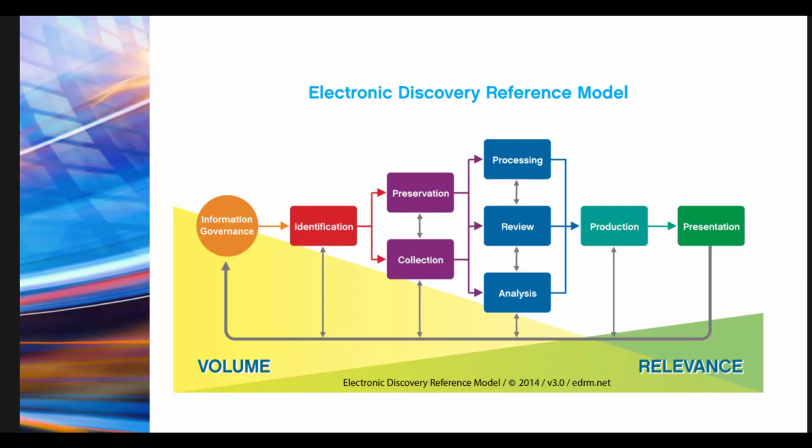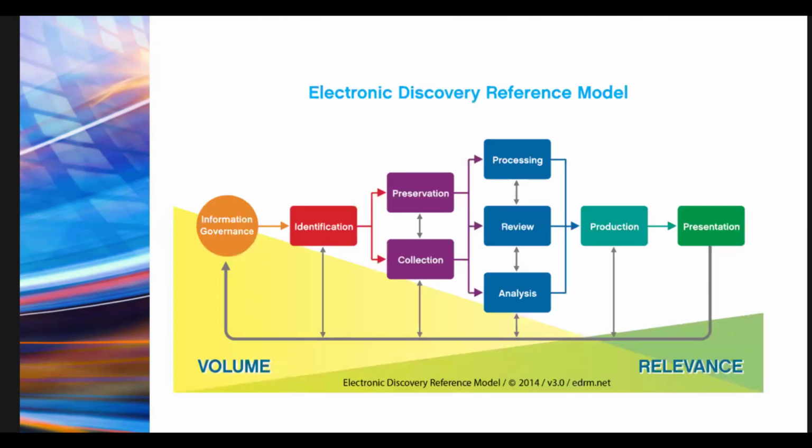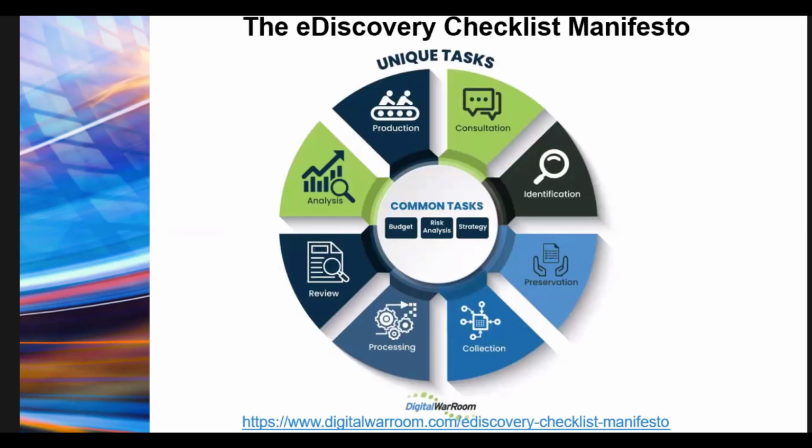I actually did a second one that is, instead of a linear model, and George Socha was always eager to point out that he didn't envision his model as being linear, as this one looks, that it was designed to be an iterative process. But I built one for this company. You can see the URL down below, Digital War Room.